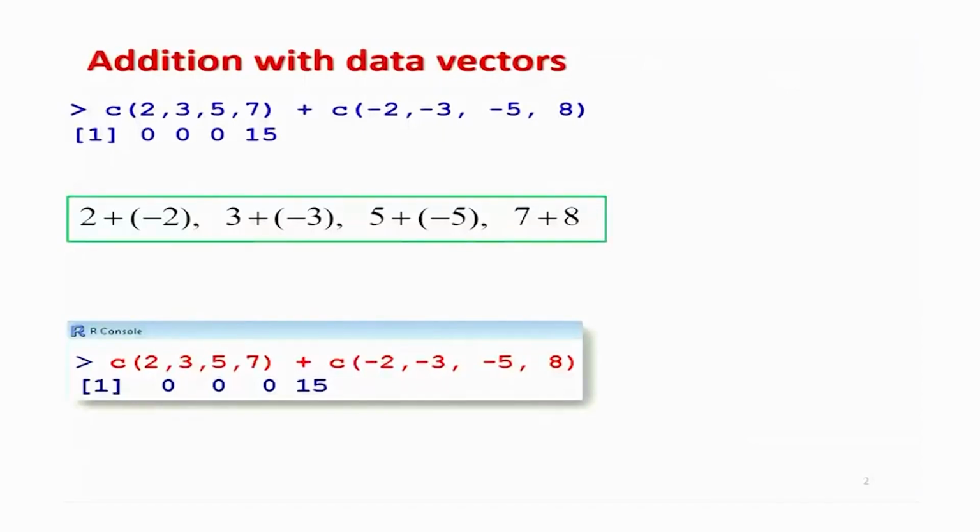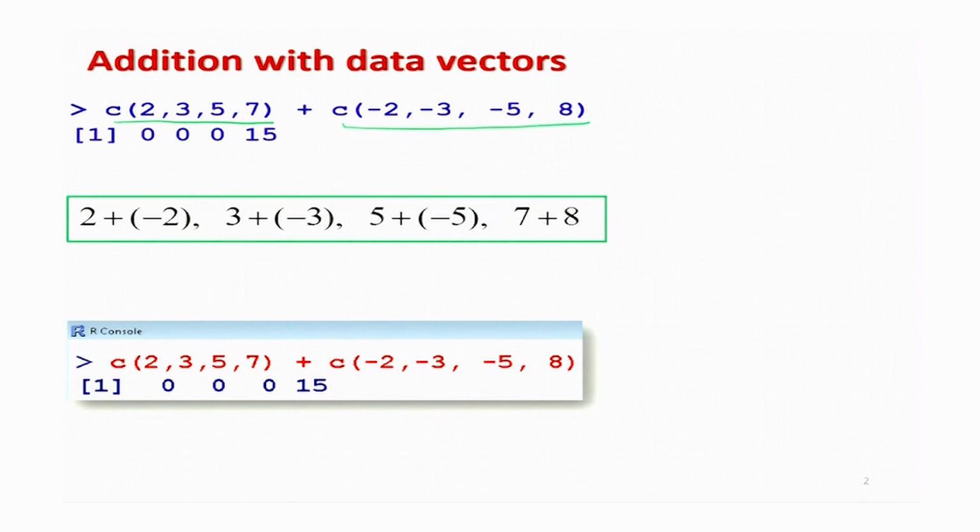Okay, so now we are going to consider the operations between data vectors. I am saying between because we are considering a very simple case, and these cases of 2 data vectors can be extended to any number, which I will discuss later. Let me first take a very simple example in which I have a data vector with 4 values 2, 3, 5 and 7, and a second data vector which also has 4 values -2, -3, -5 and 8.